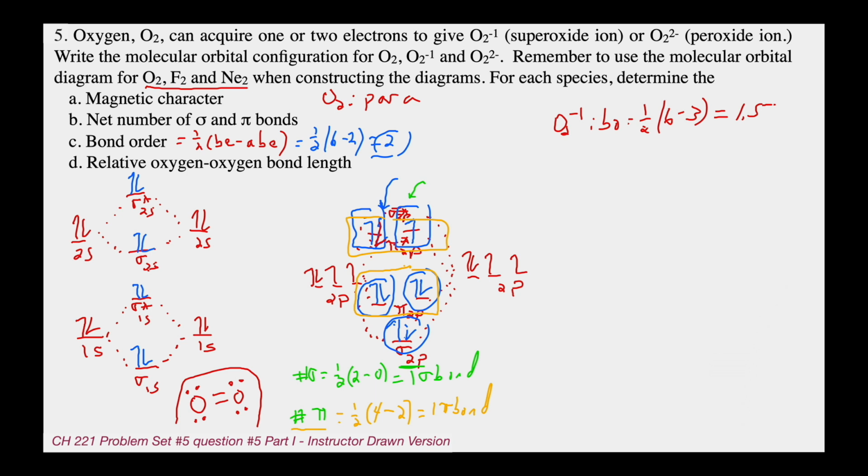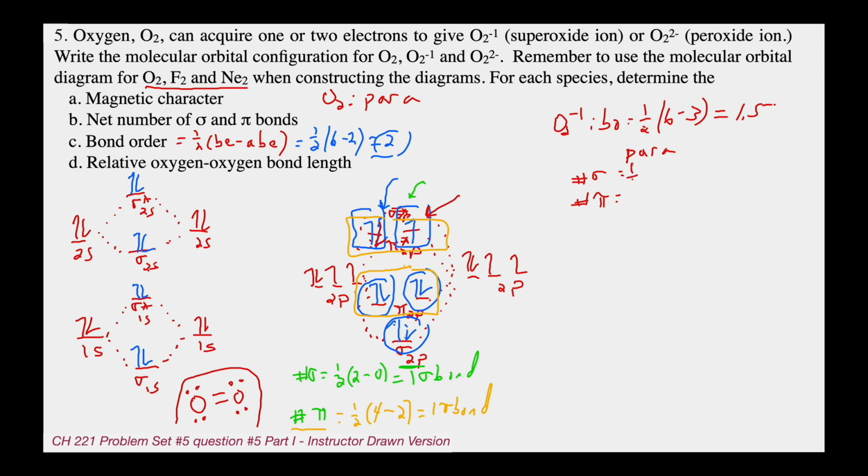Now, O2 -1 is still paramagnetic because it still has that odd electron right there. That electron doesn't have a partner. However, the number of sigmas and pi's will be different somehow. Remember that number of sigma plus number of pi has to equal bond order. And since bond order has gone down, either sigma or pi have changed. You can probably see that the sigma antibonding electrons have not changed.